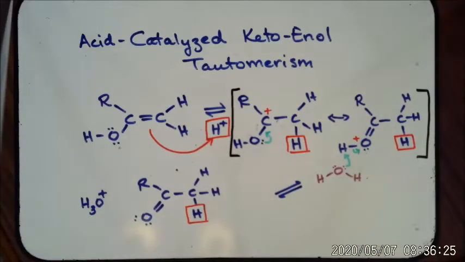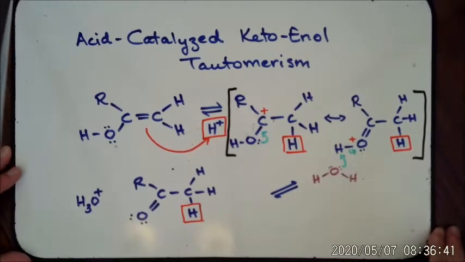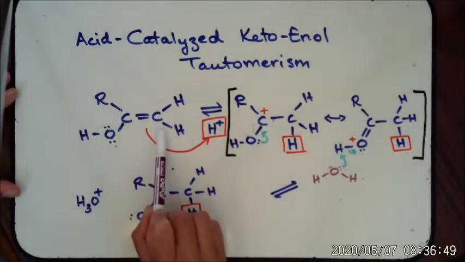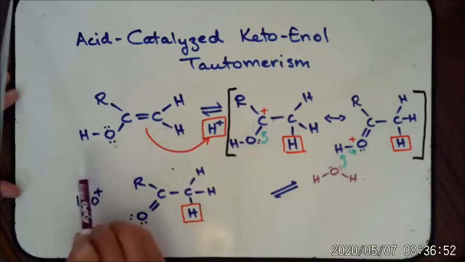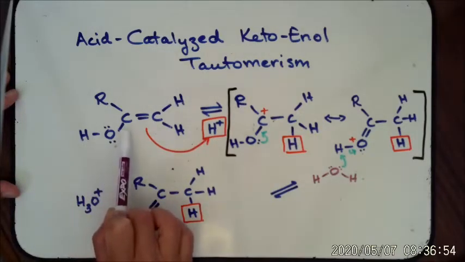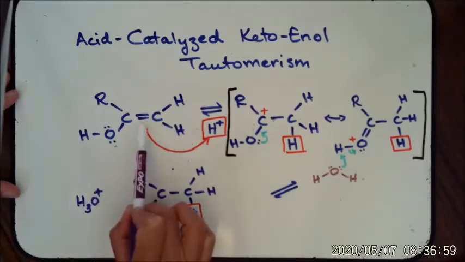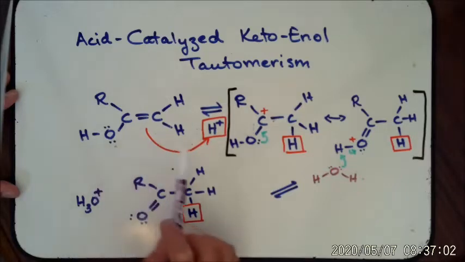Okay, so we talked about adding water across the triple bond, using mercuric sulfate in the presence of water and sulfuric acid. When you add the water in a Markovnikov orientation, I added a hydrogen on the least substituted carbon, and I added my hydroxyl group on the most substituted carbon, and I form this product. This is called an enol. So this is my enol.